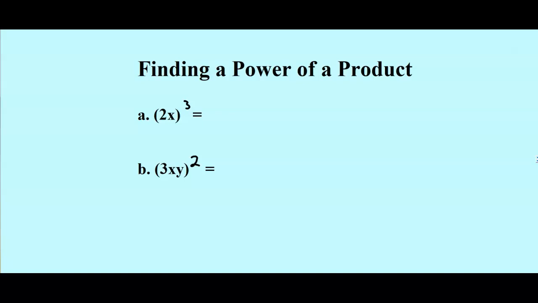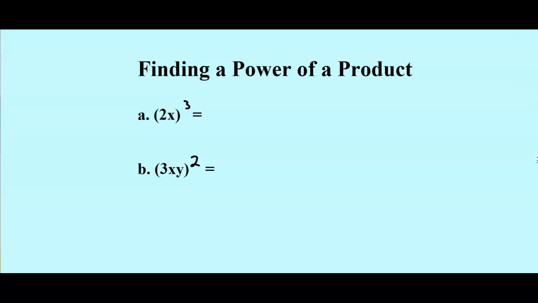Let's talk about that last power rule that we're learning here. Power of a product. So now we have a product inside. We're multiplying something inside, and we're taking that to an exponent. That's called a product.